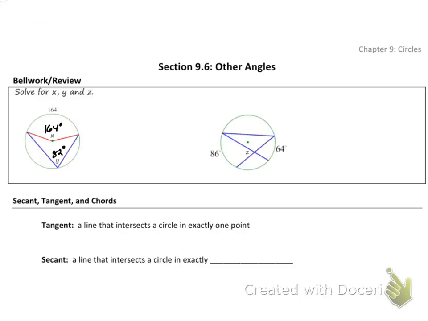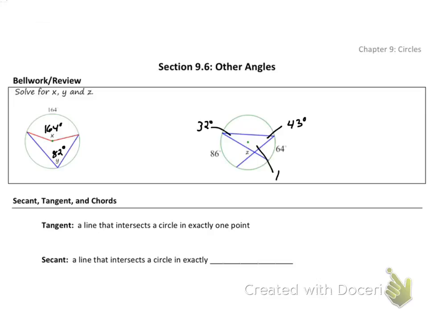You use the actual inscribed angle and then say it's 43, because it's half. And then what's that guy going to be? 32. All right, that's 32 and that's 43. What does it make this angle? 105.